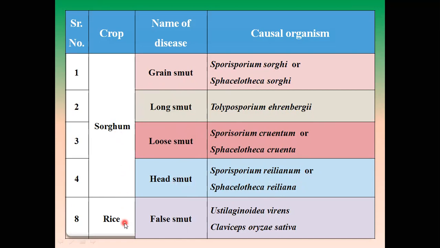In rice, false smut is caused by Ustilaginoidea virens or Claviceps oryzae sativae.